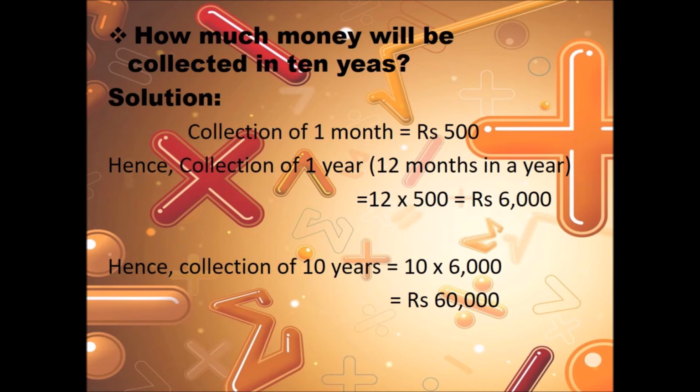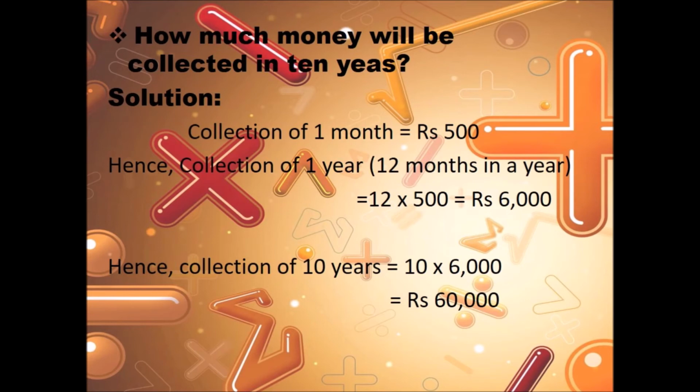We have already calculated the amount collected in 1 month. What is the amount collected in 1 month? That is 500. Next we are going to calculate the collection of amount in 1 year. In 1 year it has how many months? Yes, 12 months. So in order to find the amount, we have to multiply the 500 by 12 to get 6,000.